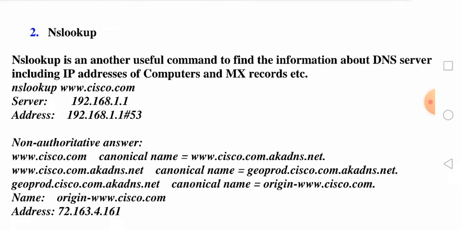So in order to access a file server, we use a canonical name, and for accessing a web server we use the name as such. Suppose that Cisco is making use of two different servers, one a file server, another a web server. The web server is using the cisco.com URL, and if the file server is using cisco.com.locadns.net, then in order to access the file server we have to use this canonical name.